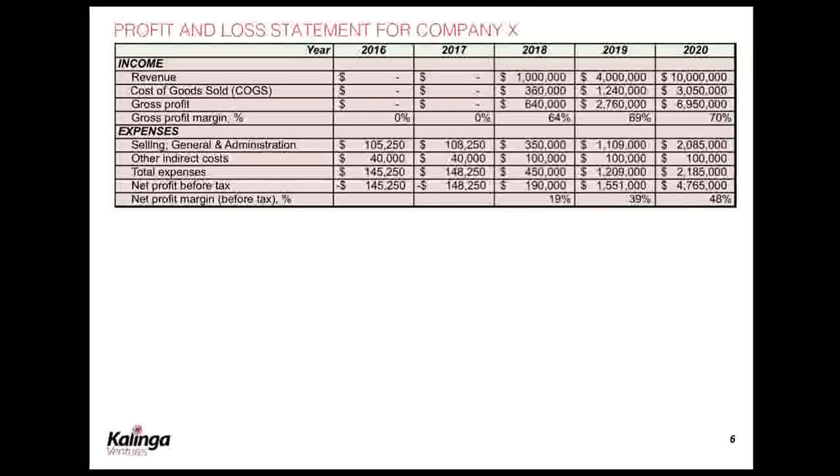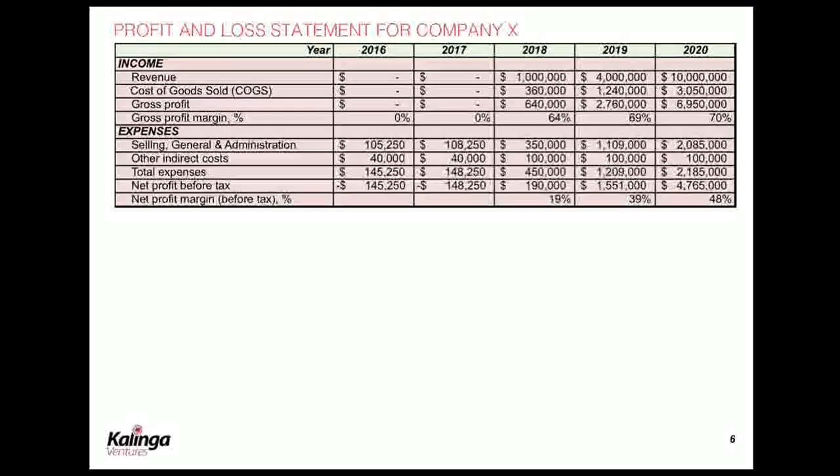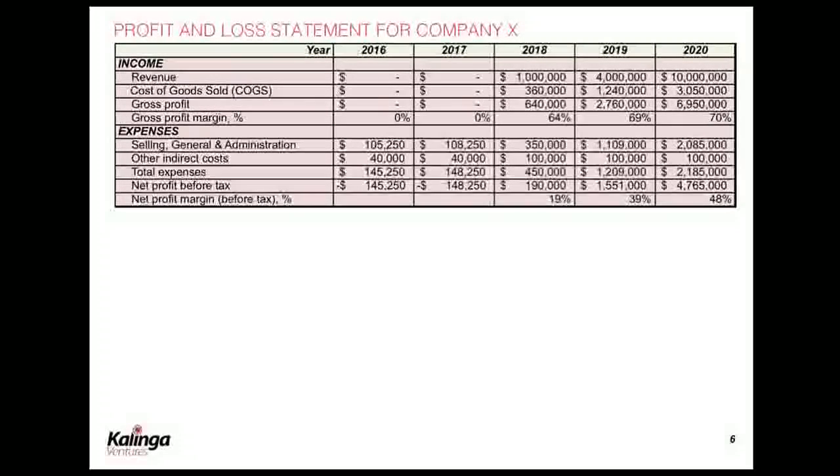We are having a profit and loss statement based on before tax, so we don't account for something called depreciation and amortization. I don't want to complicate those things, but keep in mind that the equipment that you would buy for making this revenue doesn't get reflected in the profit and loss statement, and you have to use the startup cost to pay for that equipment. I will come into that in the next slide.